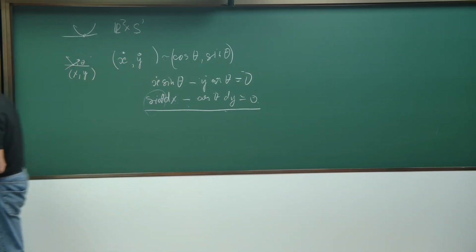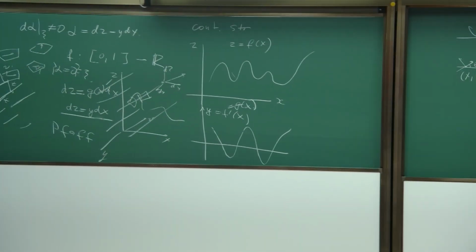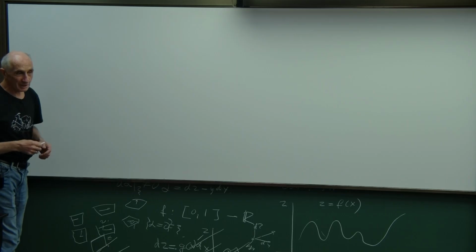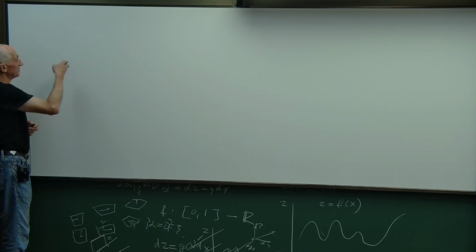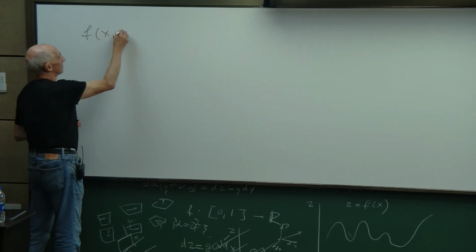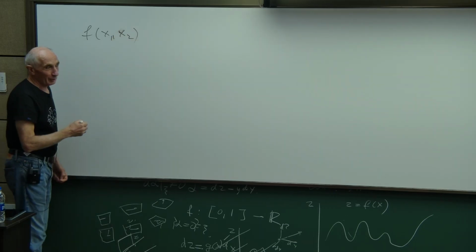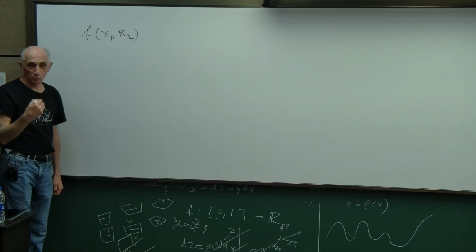You can go to higher dimensions. For instance, you go to 2 dimensions. So you have a function of 2 variables, and I want to draw the simultaneous graph of this function and its first 2 partial derivatives.